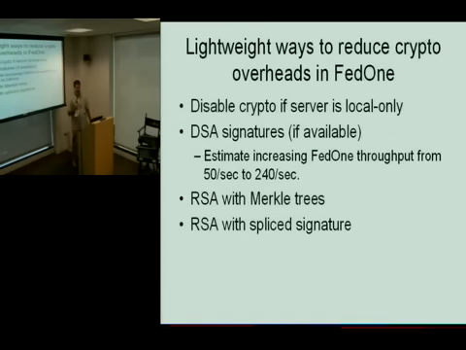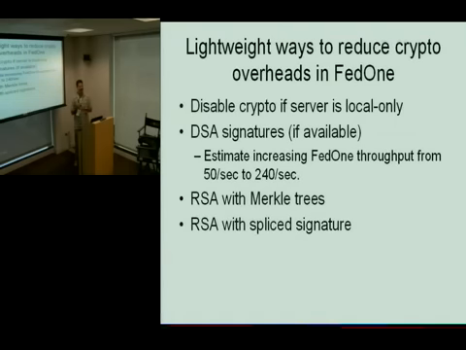So here are the possible solutions for reducing crypto overheads in Fed1, which could lead to various performance improvements in the underlying code base. First, you could disable crypto if the server is local only. DSA signatures give you some scalability at a fairly cheap cost.